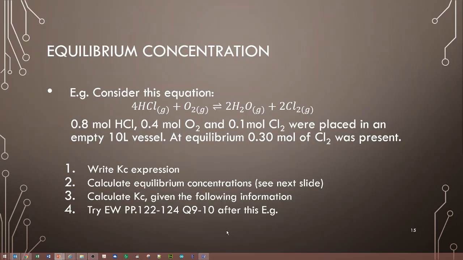All right. One more? Last slide before we let you do the next part. I've been talking too much anyway. Consider this equation: HCl plus O2 produces water and CO2 gas. What you are given is the number of moles present at equilibrium and also before the reaction occurred.